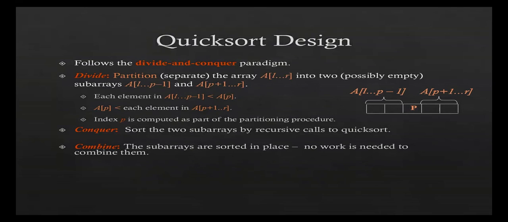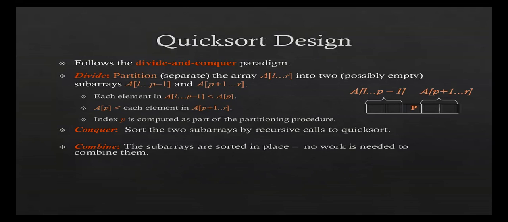Based on this divide and conquer theory, each element on the left side of the P index must be smaller than the P index value. And the elements next to the P index element must be greater than the P index value, where the P index is computed as a part of the partitioning procedure.